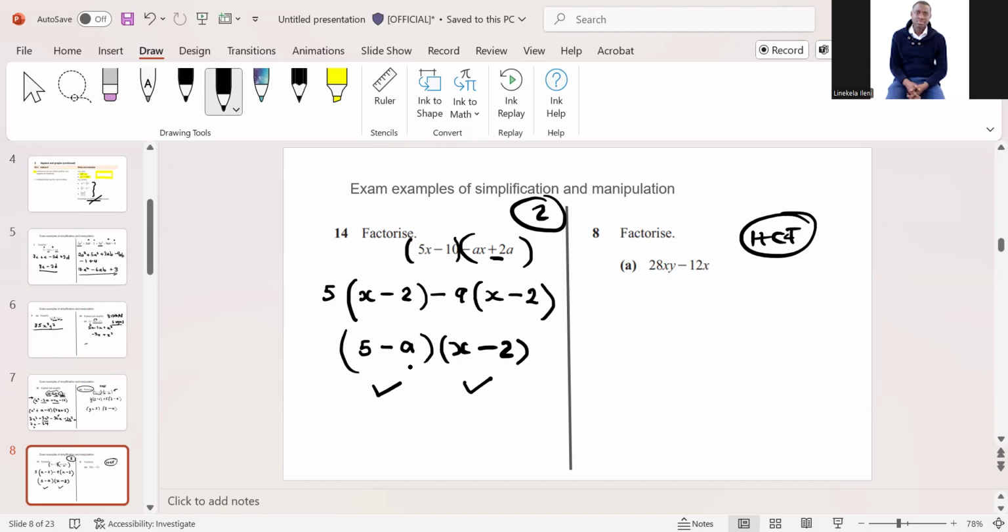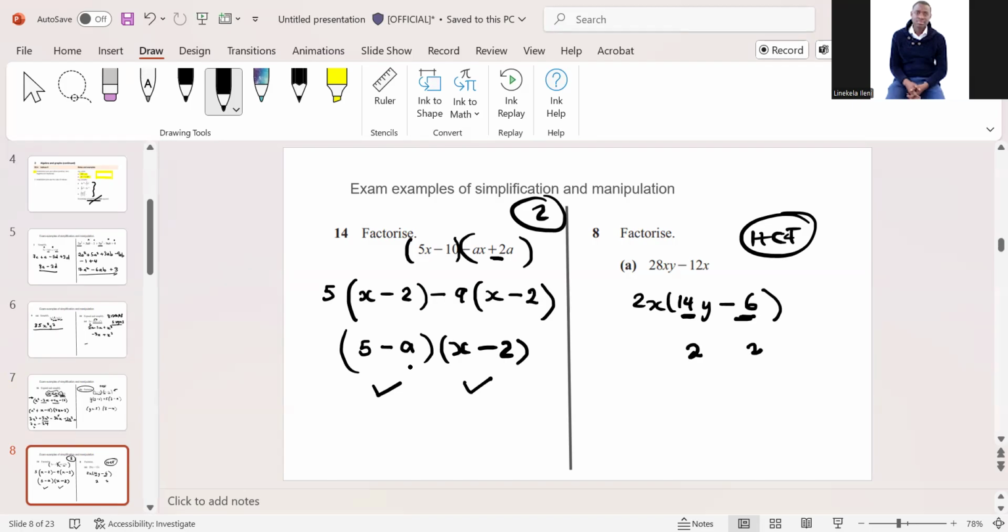If I said the highest common factor here was 2x, then 2x into 28 is going to be 14, so I'll have 14y minus 6. But you can still see inside these brackets, the 14 and the 6, their highest common factor is going to be 2.